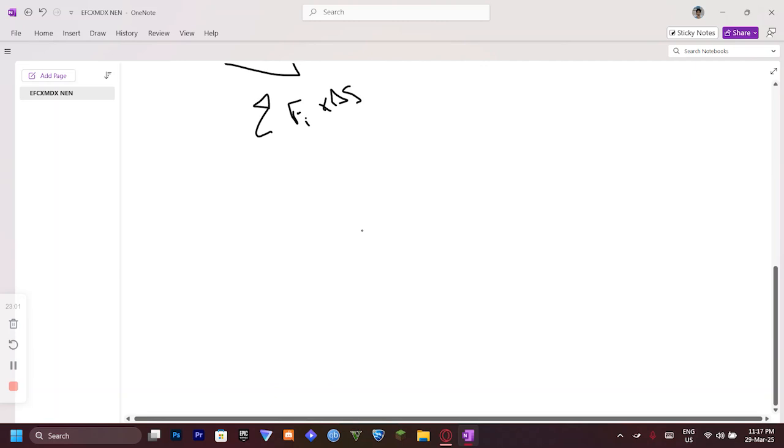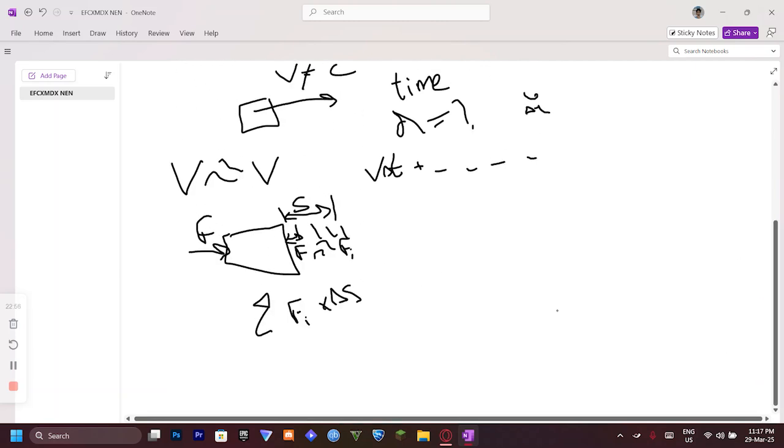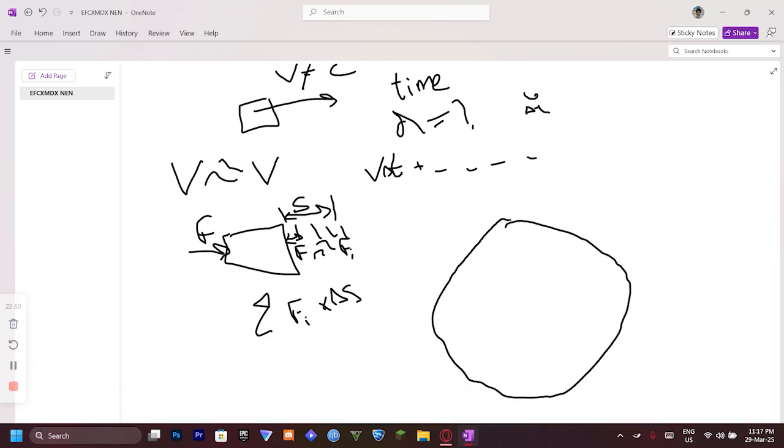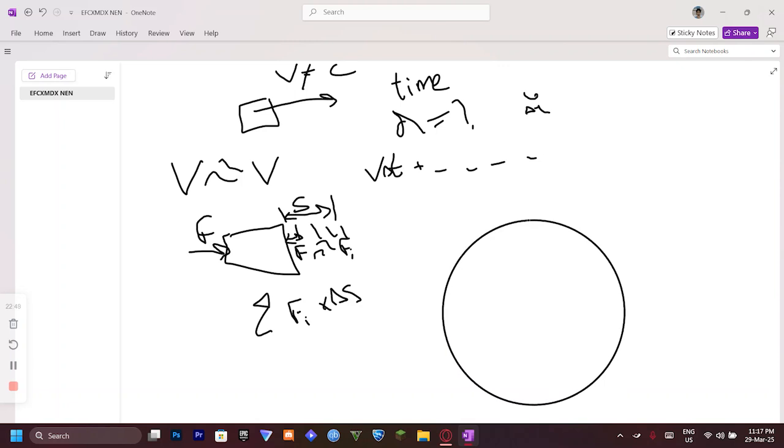For example, if you have a ring of charge, and that ring of charge has some charge distribution along it, and you want to find the resultant force at some point here, usually the resultant force is the sum of all forces acting on that object.